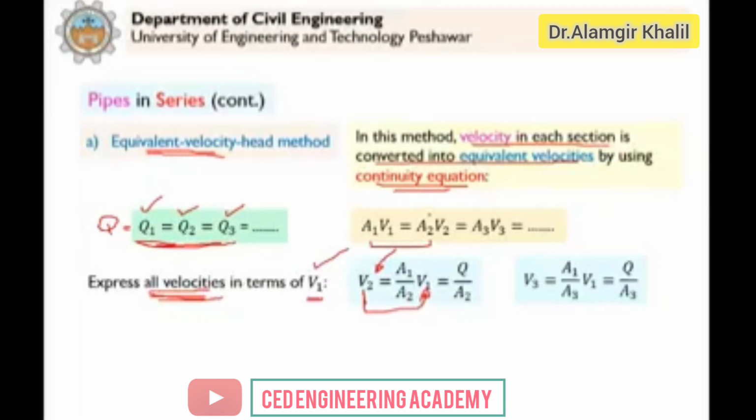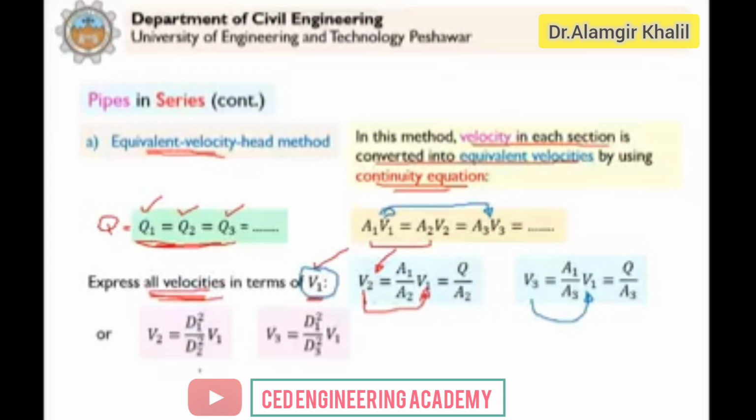Similarly, now you compare these two here: A1 V1 is equal to A3 V3. So essentially we are expressing V3 in terms of V1 now. And you will proceed like this. If we have, for example, A4 V4, then V4 in terms of V1 and so on. So we are expressing all the velocities other than V1 in terms of V1.